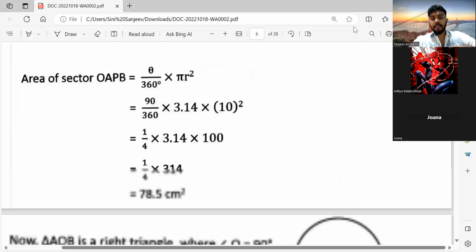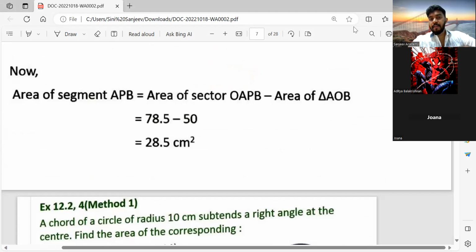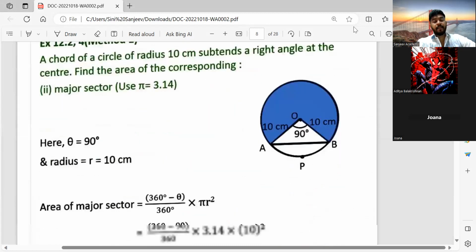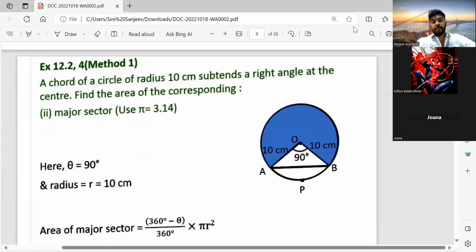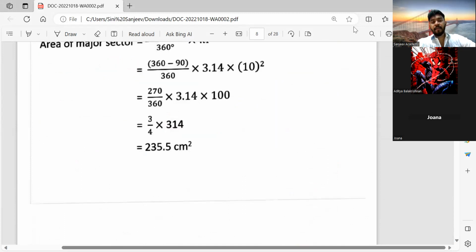So same logic. Subtract it and get the answer. Major sector. If I want to find the major sector, what should I do?